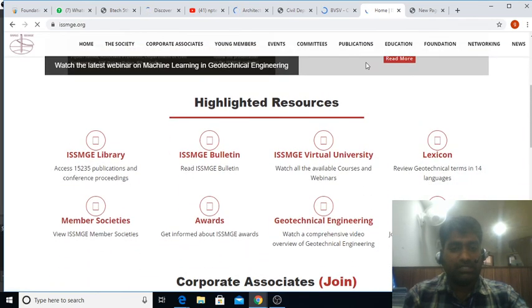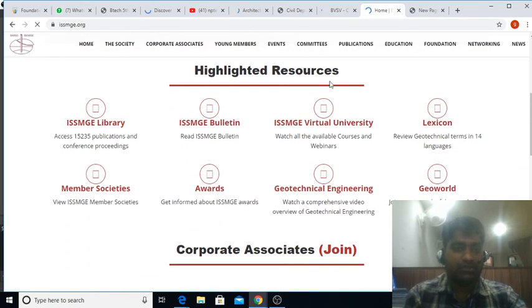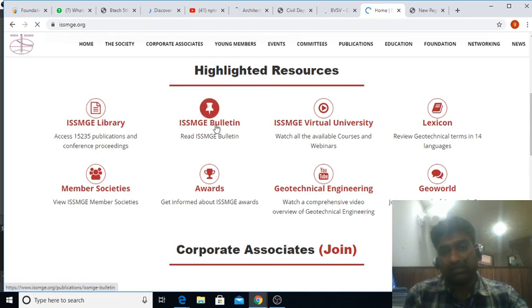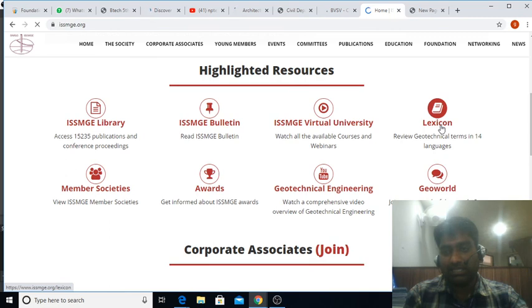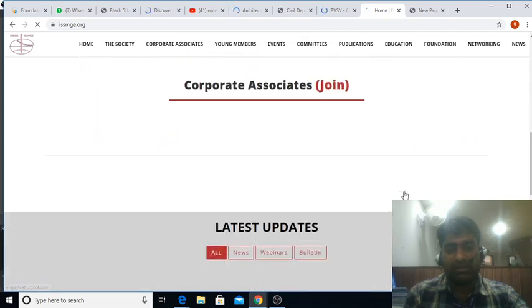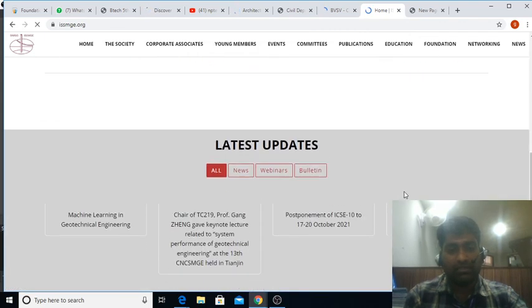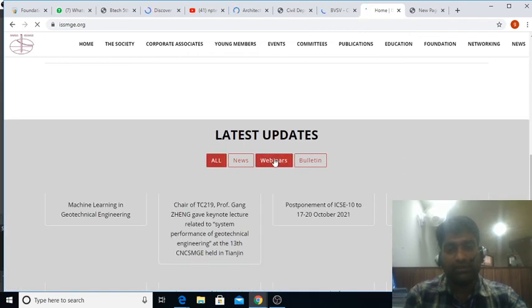Here you can see the highlighted resources, the library, what they are publishing in their bulletin, how the virtual university lexicon reviews geotechnical terms in 14 languages. All these things are very easily available on the net if you all people want to search. And also, a very important thing, you get the webinars over here.